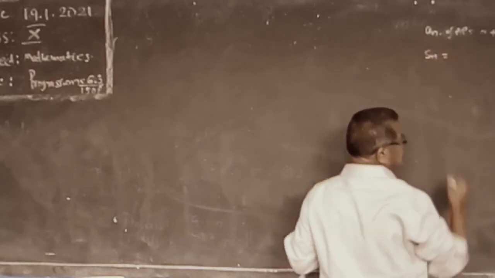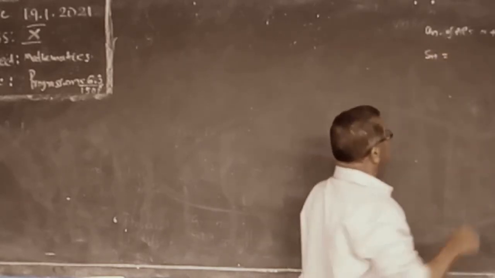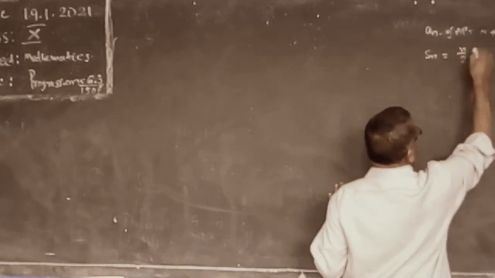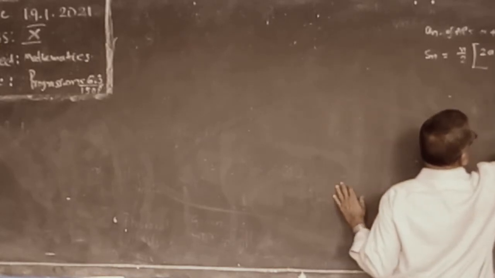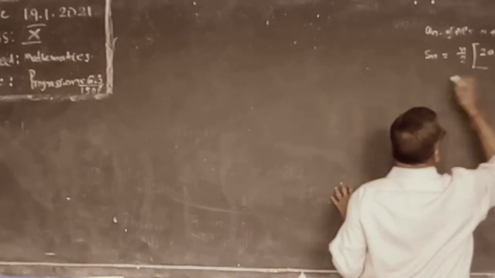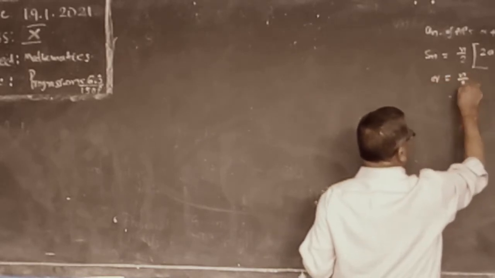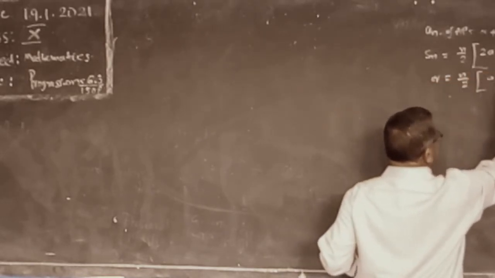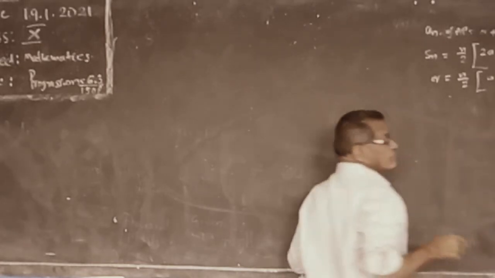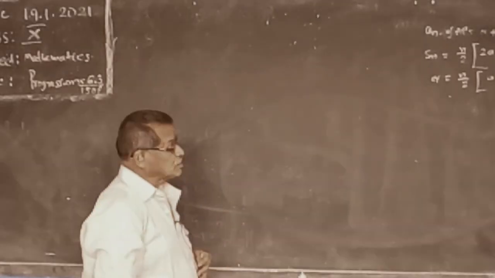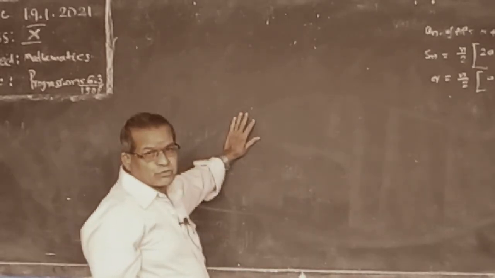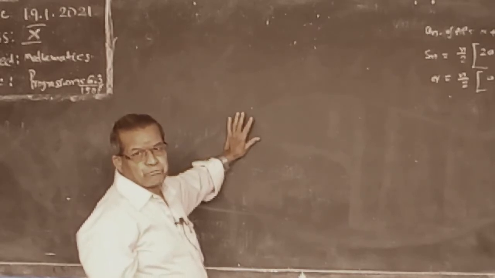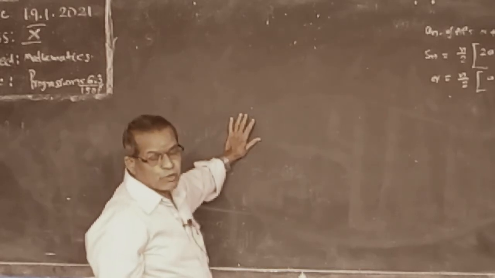Sn, sum to n terms of AP series, is n by 2 of 2a plus n minus 1 of d, or n by 2 of a plus l, where a is the first term, l is the last term, n is the number of terms. By using this formula, we have to solve the problems.